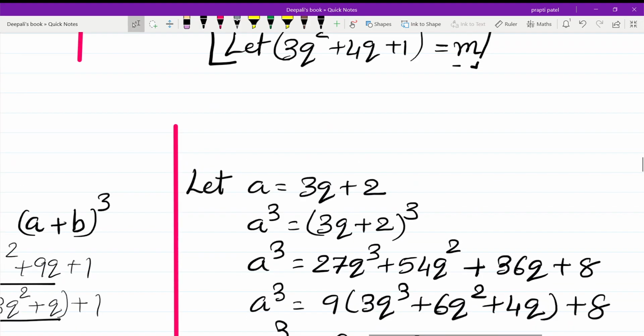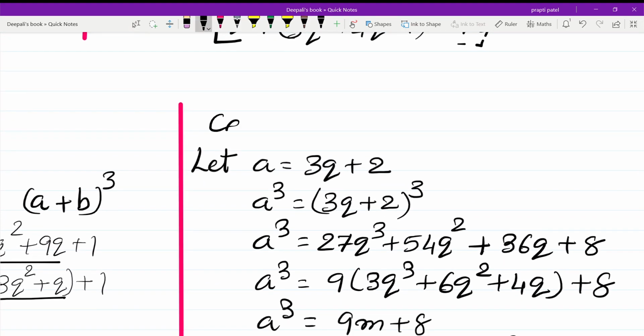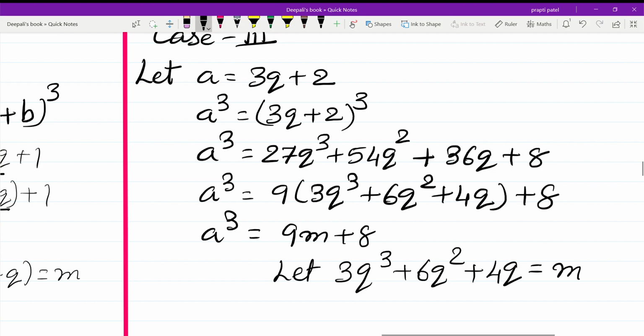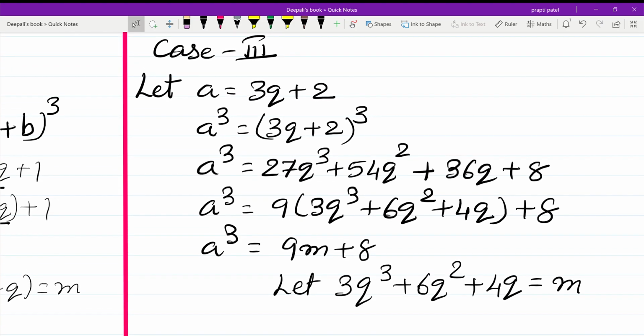In the case 3, we can work in a similar manner. a is equal to 3q plus 2, cubing on both the sides and applying the formula a plus b whole cube, I get 27q cube plus 54q square plus 36q plus 8.